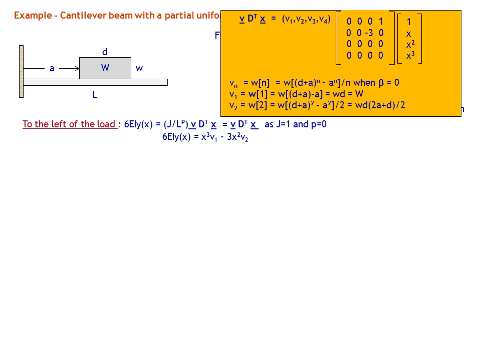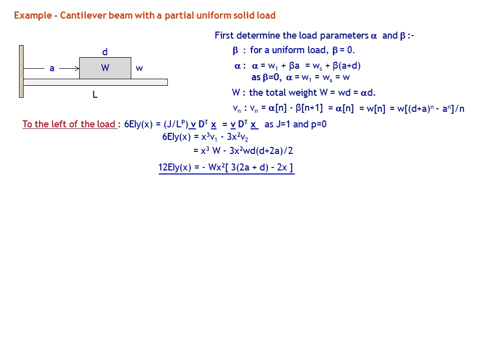V2 is equal to W square bracket 2, which is W times D plus A squared minus A squared all over 2, which can be rewritten as WD into 2A plus D all over 2. Substituting these values for V1 and V2 gives the deflection equation to the left of the load as 12EI y of x is equal to minus WX squared into 3 into 2 plus AD minus 2x.